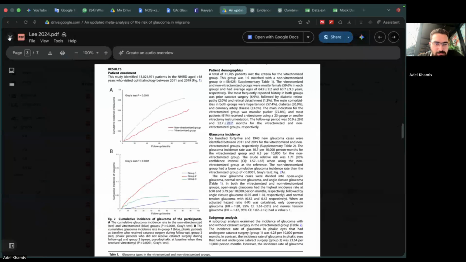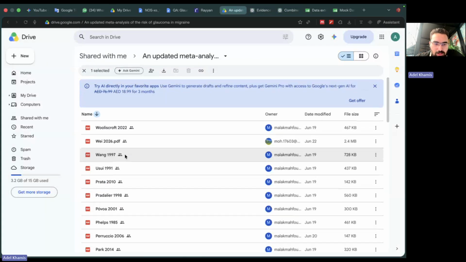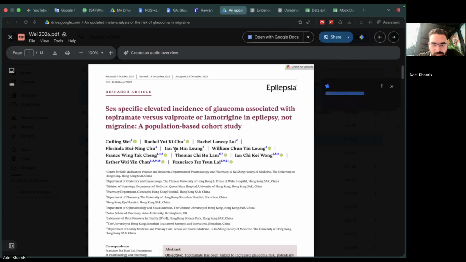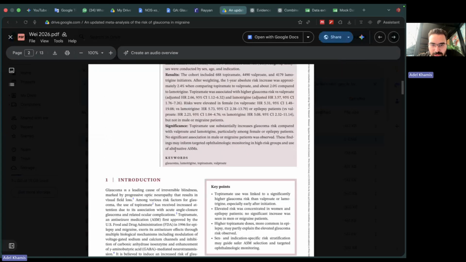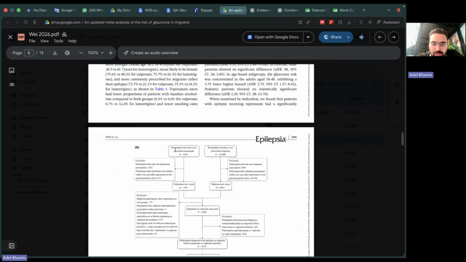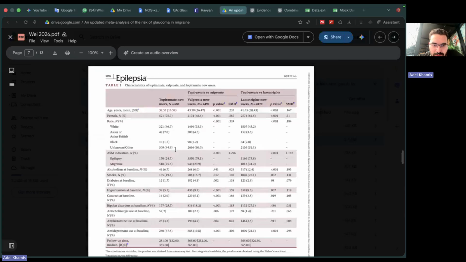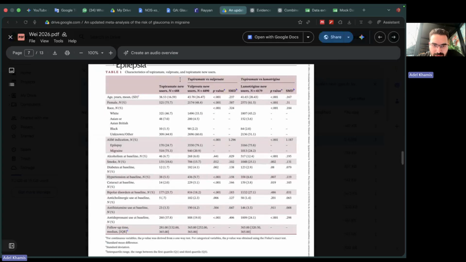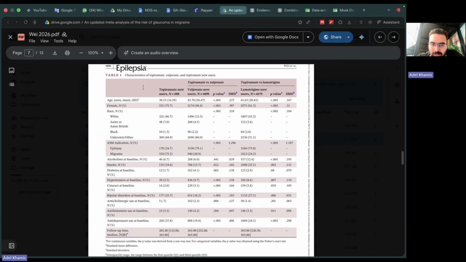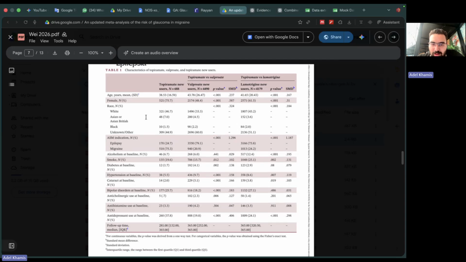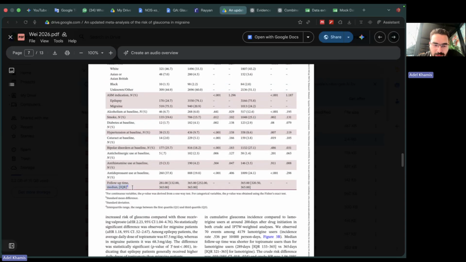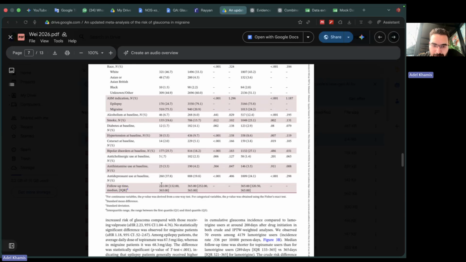Wait, I was working on this one. If you look at the characteristics table, the baseline table of this article, you'll find the follow-up period in the median and interquartile range. And these numbers are in days, actually.